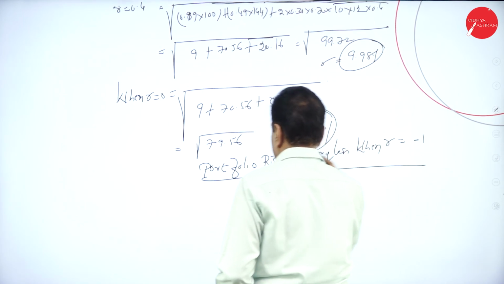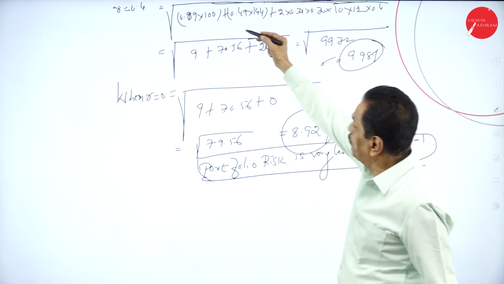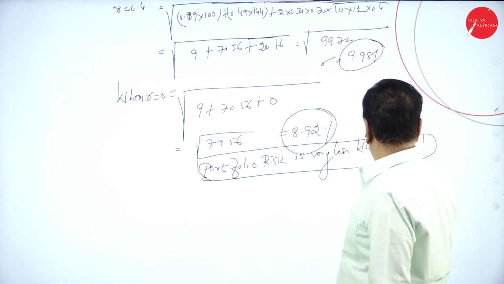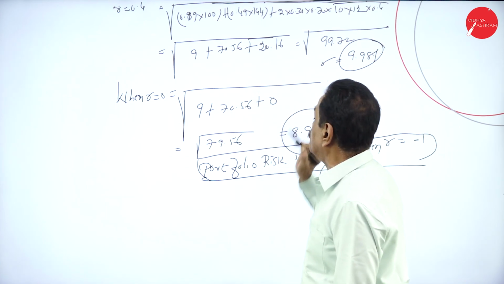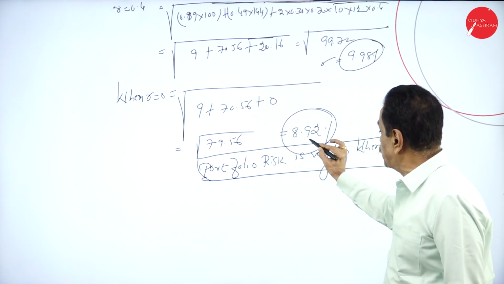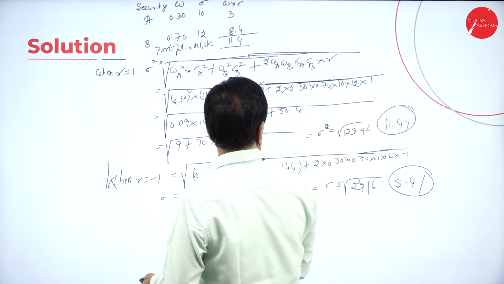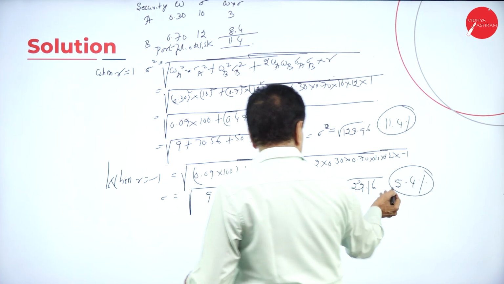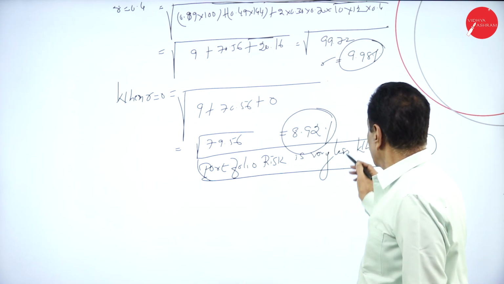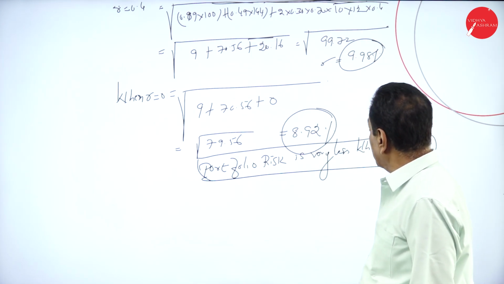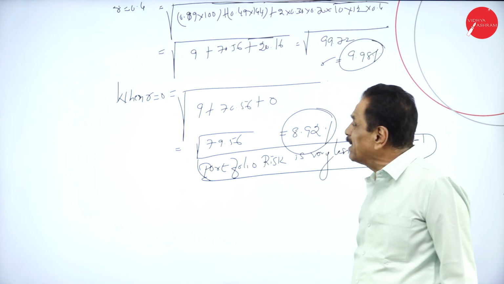This is the conclusion. Root of 79.56 is 8.92. If you see the standard deviation for R equal to 1 is 11.4, when R is -1, 5.4, this is 9.98. So which is less here? Portfolio risk is very, very less when R is equal to -1.